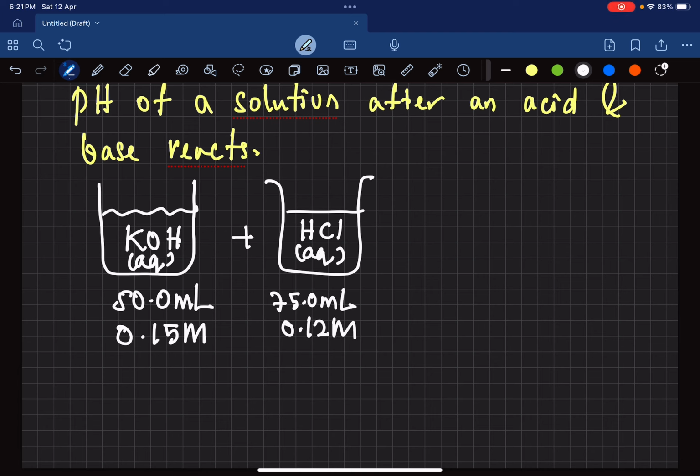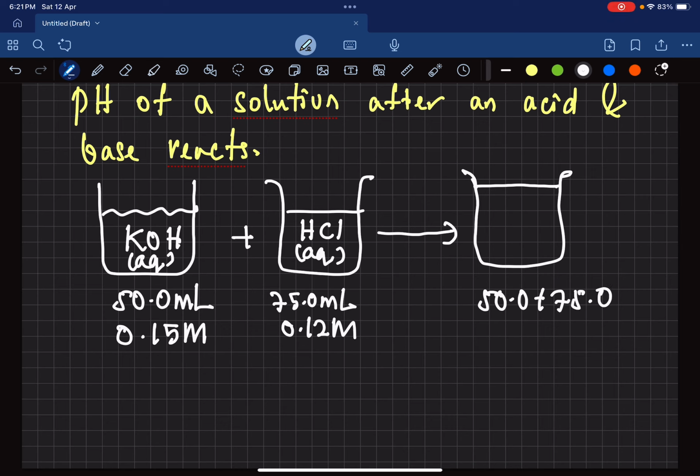When we mix it together, we get a final solution with a volume of 50 plus 75, which is 125 ml. I hope I got that correct. 75 plus 50, yep, 125 ml.